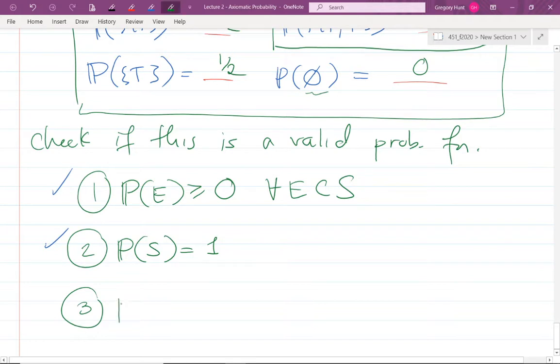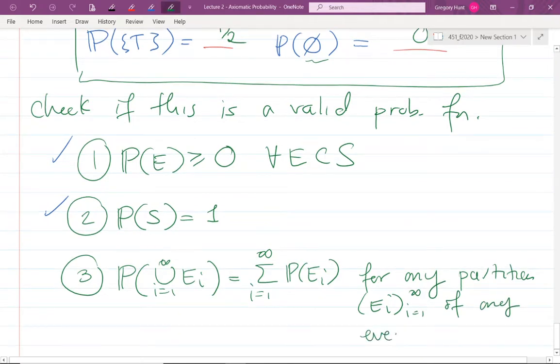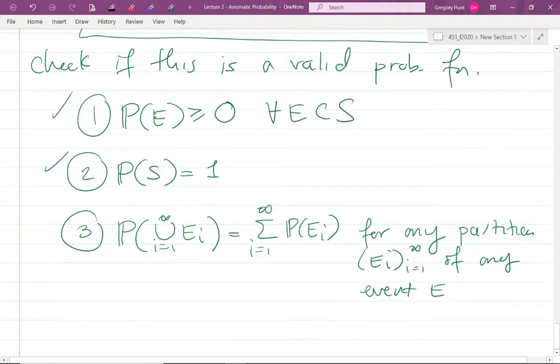What I need is that the probability of the union, i goes 1 to infinity, of E sub i is the sum from 1 to infinity of the probability of E sub i, for any partition E sub i of any event E.